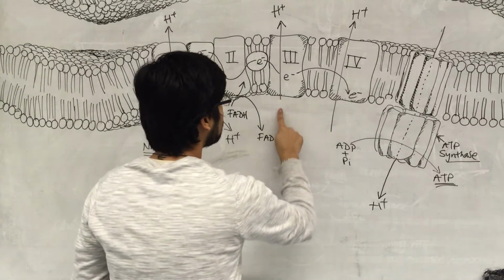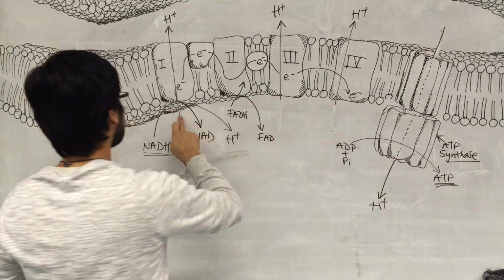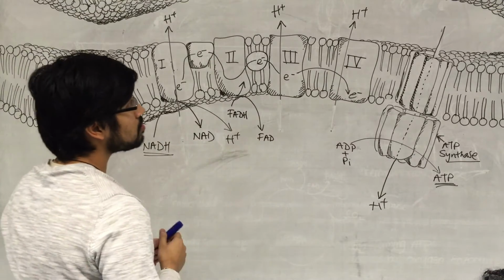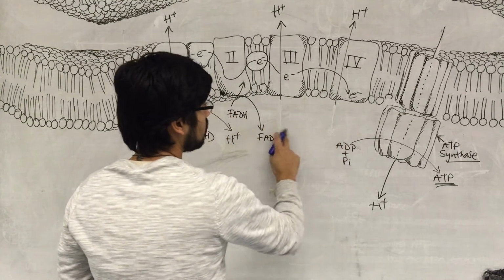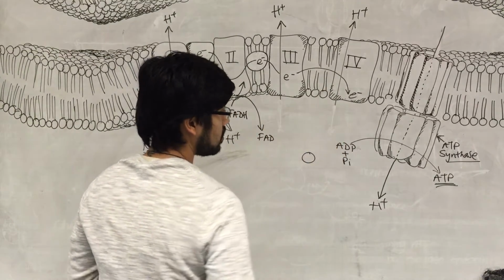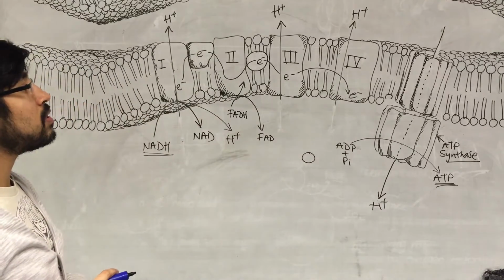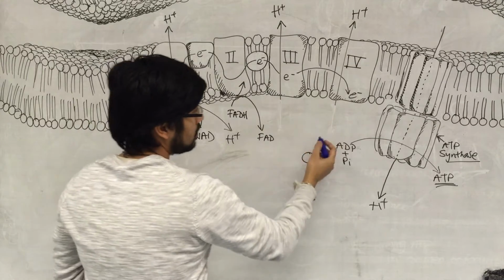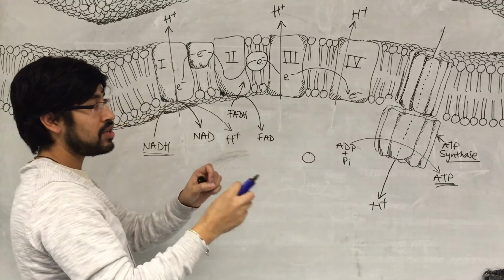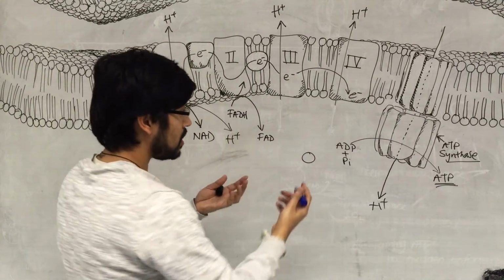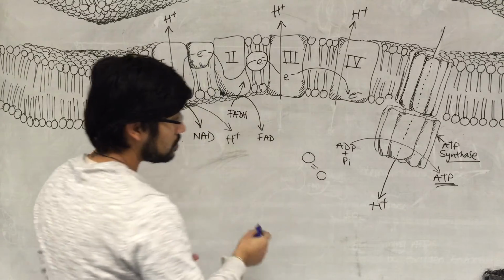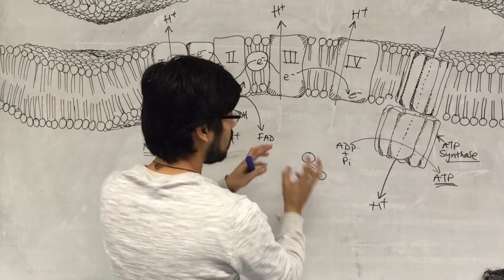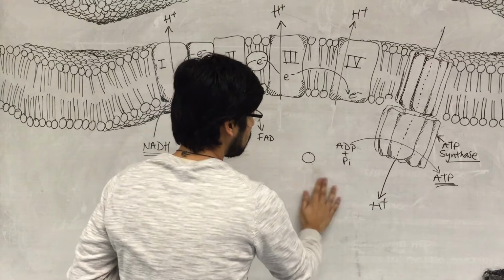And what is it that does accept those electrons is oxygen. Okay, humble oxygen. Oxygen comes along, and I'm going to show it as one oxygen atom, but remember oxygen is O2, two atoms of oxygen covalently bound to each other.